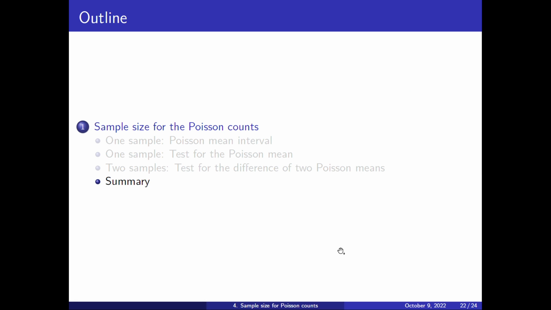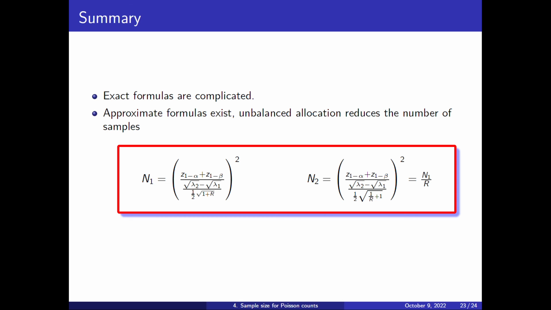Okay, so in summary, the exact formulas related to the Poisson counts are rather complicated. There are approximate formulas and also the unbalanced allocation, so having more samples in the group where the events are more rare reduces the total sample size.